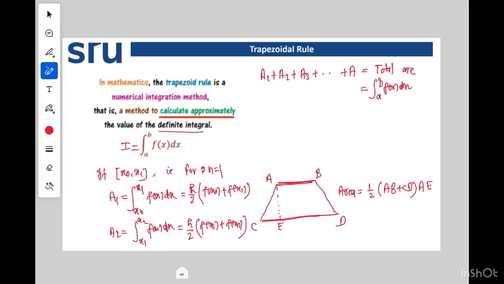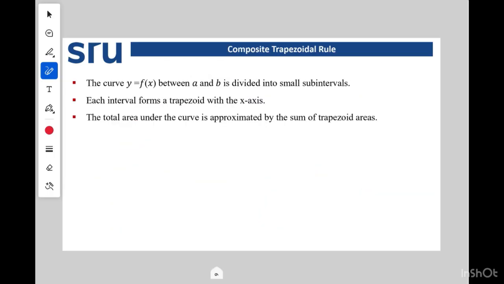Similarly, if you calculate An, the area from xn minus 1 to xn of f of x dx, we will have h by 2 into f of xn minus 1 plus f of xn. So now we have the areas of the first trapezoid, second, third, up to the nth trapezoid.